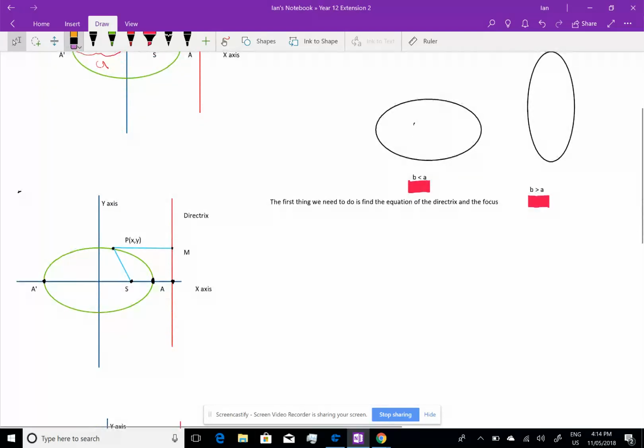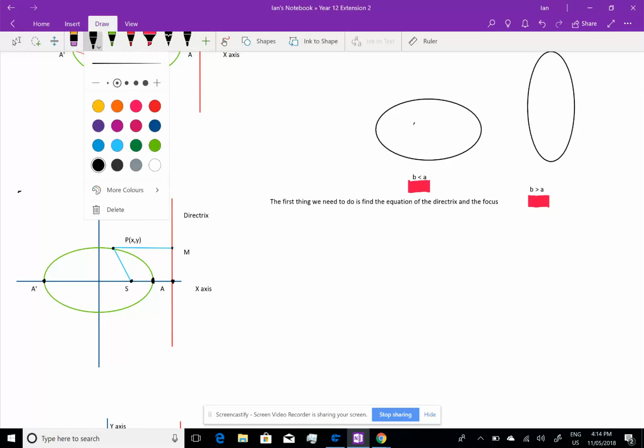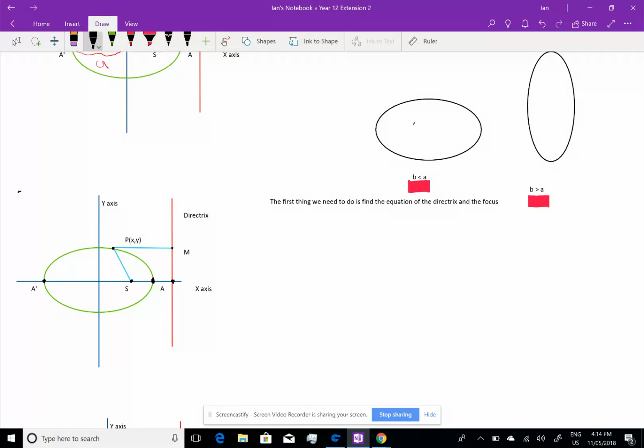So what we want to try and do is find the equation of the directrix and the focus. That's our aim. So we're going to use some things that we know now. So let's start. Well, we know that the eccentricity is PS on PM. We just talked about that.